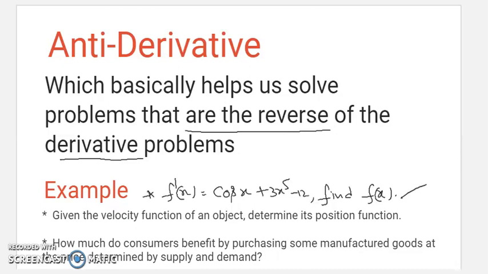Given the velocity function of an object, determine its position. How much do consumers benefit by purchasing some manufactured goods at a price determined by the supply and demand? These are some of the examples of antiderivative. So, antiderivative is the reverse process of differentiation.